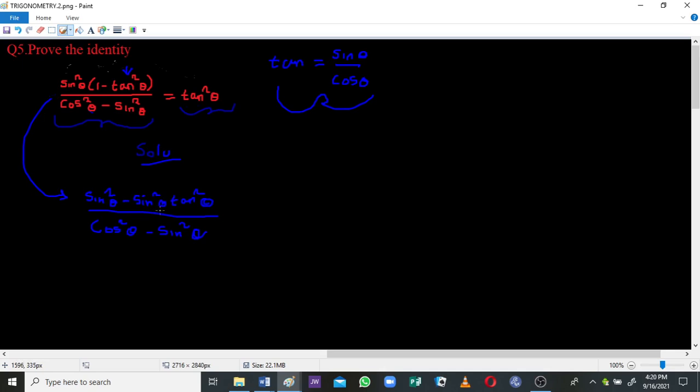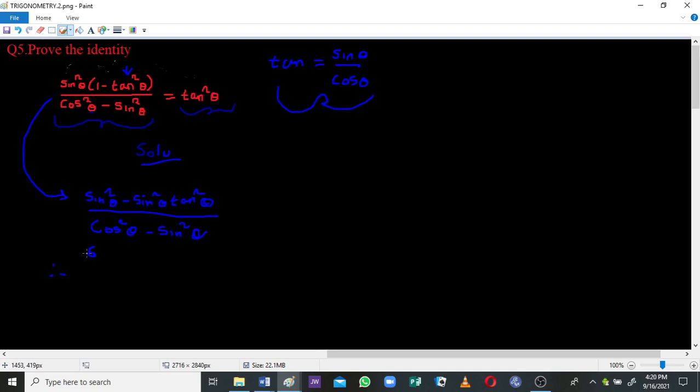So we can divide through on top by sin squared theta, and also the denominator. Let's do that.